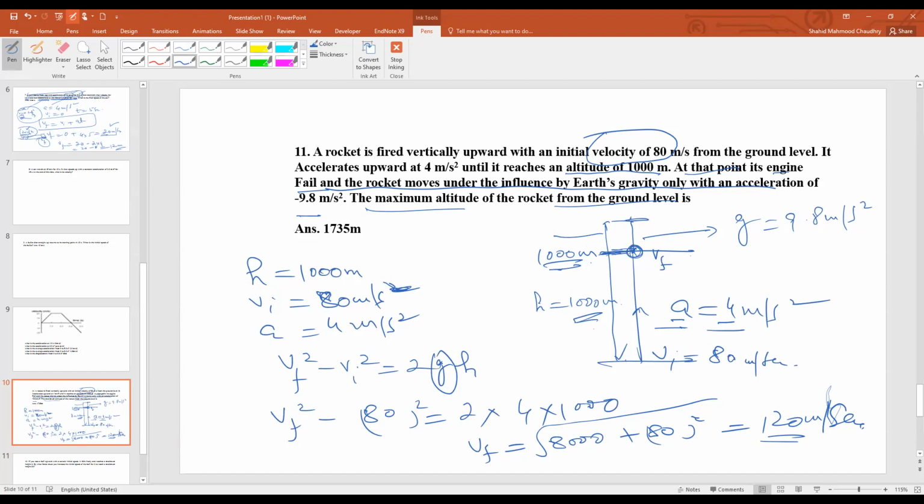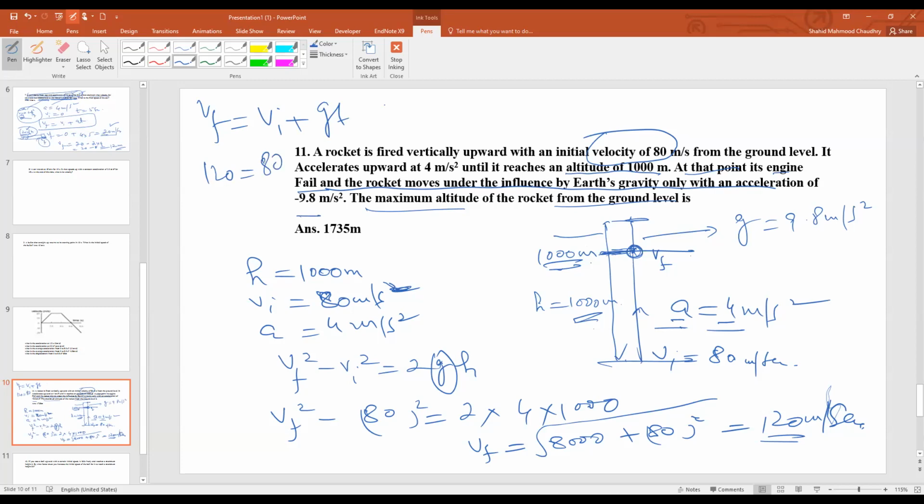Understand or not? Yes, it is a little bit tricky. We will find the time using Vf equals Vi plus at. Vf is 120, Vi is 80.